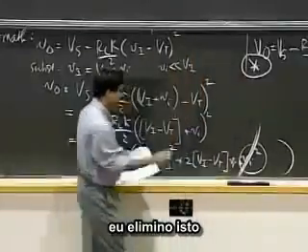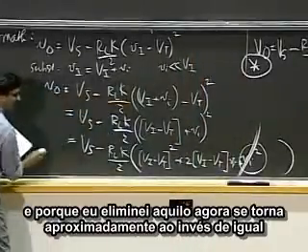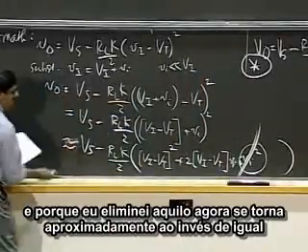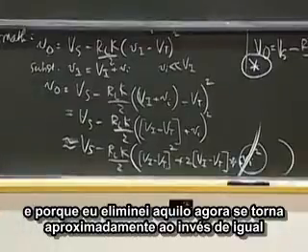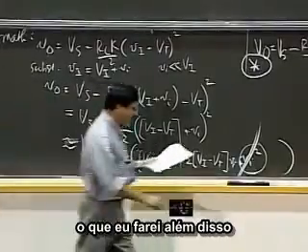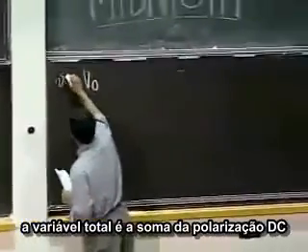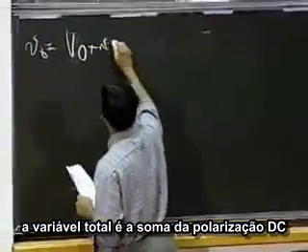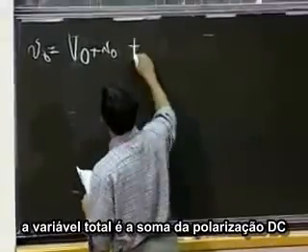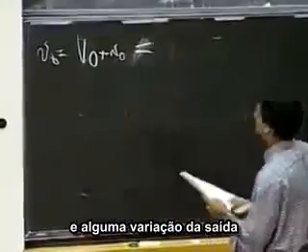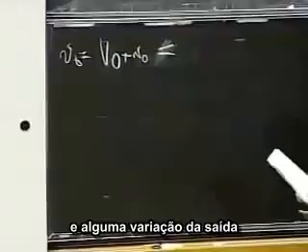So I eliminate this, and because I eliminate that, it now becomes approximately equal. What I do in addition is write down the output. The total variable is the sum of the DC bias and the variation in the output.